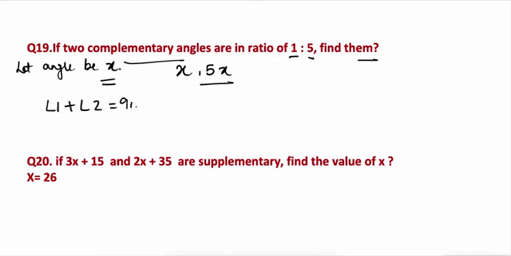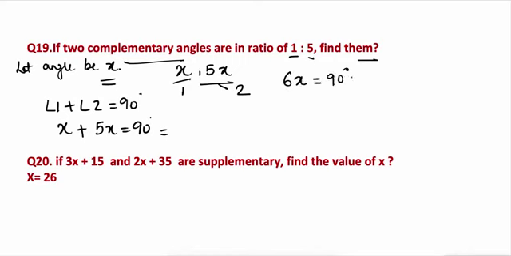So here angle 1 is x and angle 2 is 5x. Their sum is 90 degrees. So x plus 5x is equal to 6x, which is equal to 90 degrees. So x will be 90 degrees divided by 6, which comes to 15 degrees.